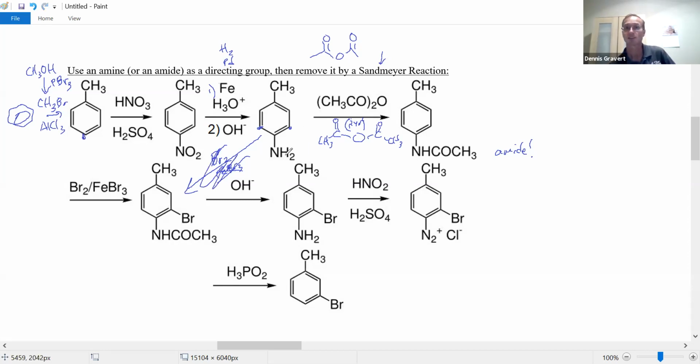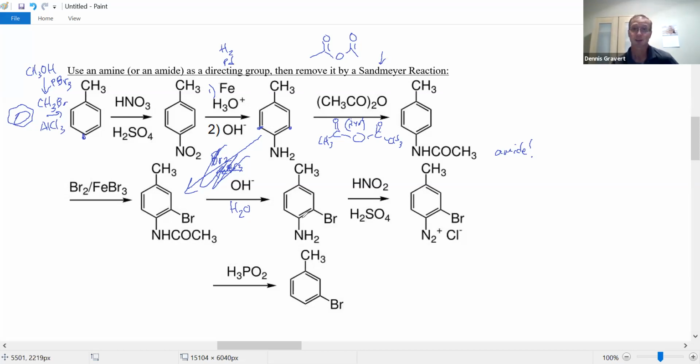So let's turn the amine to an amide and then add the bromine. And then now only one will go in place. The left side or right side, it's the same molecule. Okay, and then now we're going to hydrolyze it. I really do want to see the water here. They didn't put it in there, because it's basic hydrolysis of the amide back to the amine.